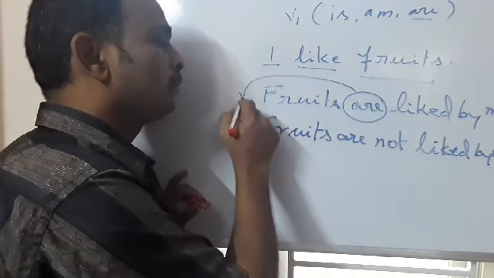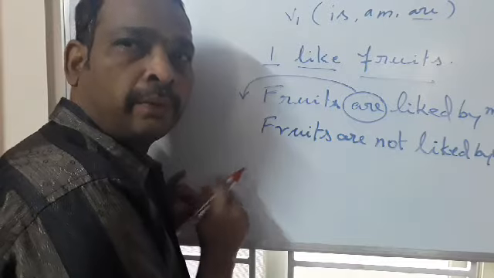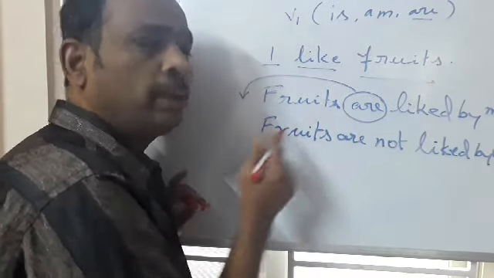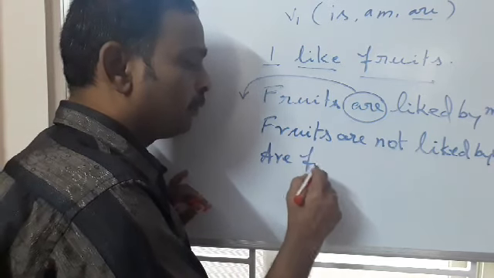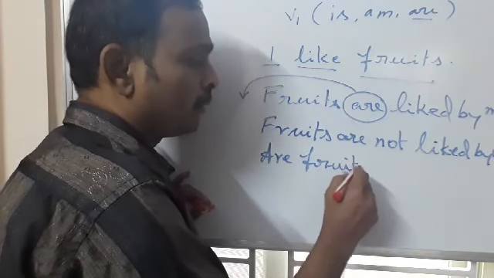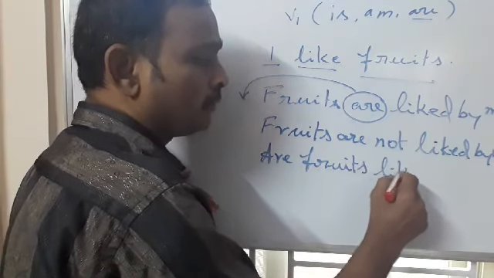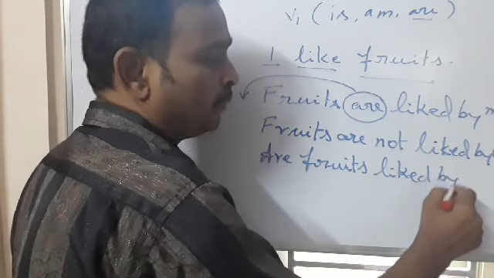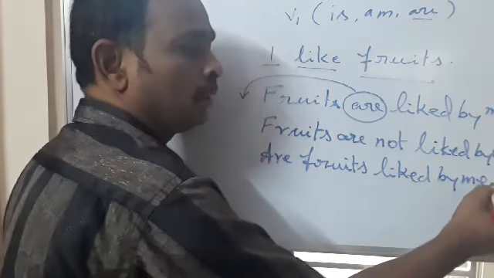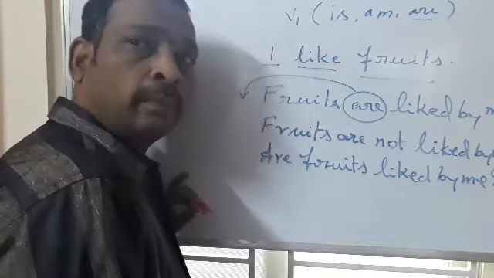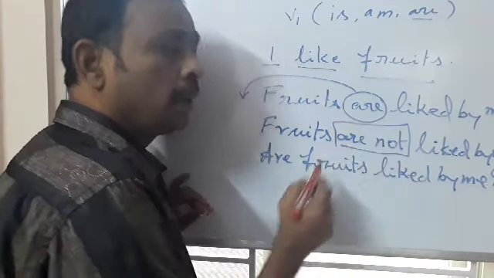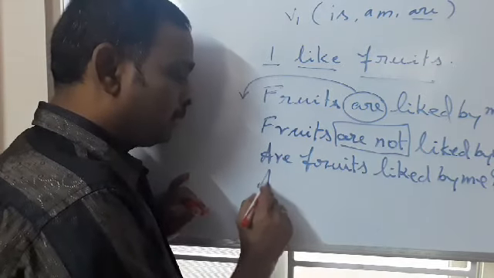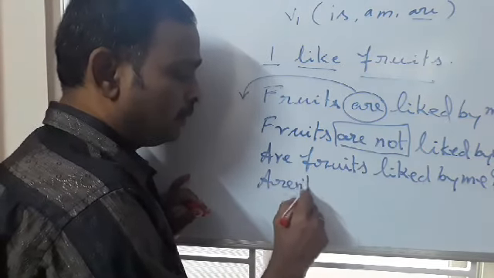Bring the B form, that means begin with the B form. Say, are fruits liked? Are fruits liked by me? Question mark. If you want to use negative, write aren't, A-R-E-N-T.